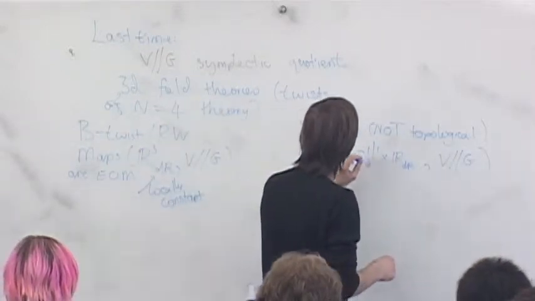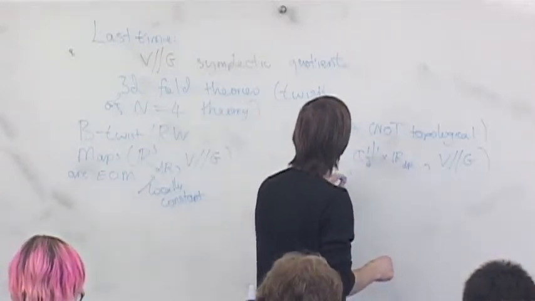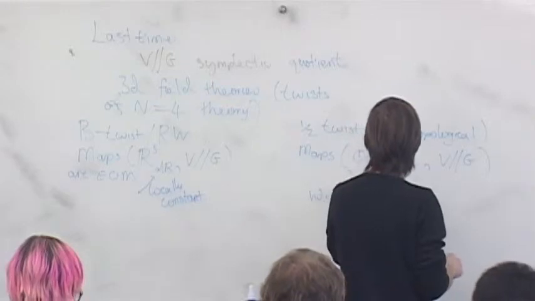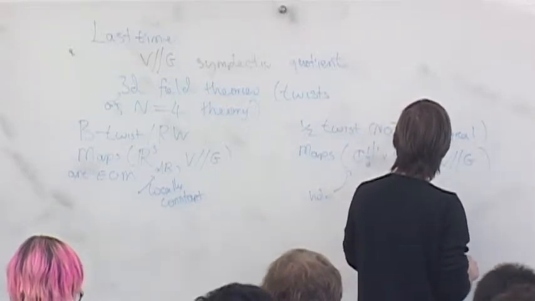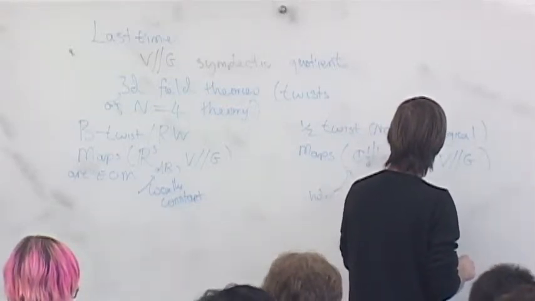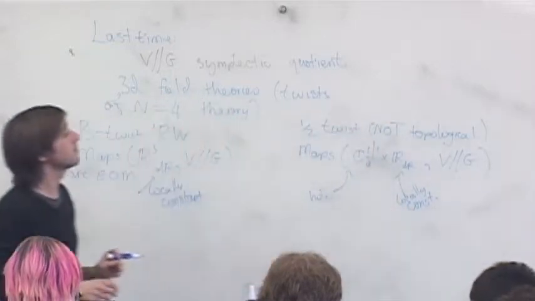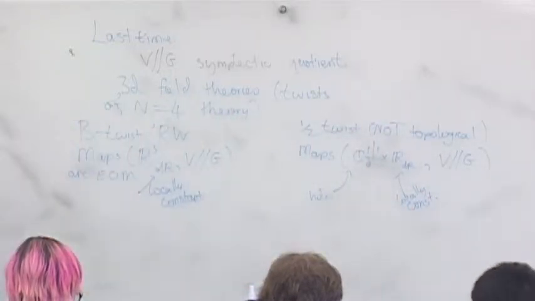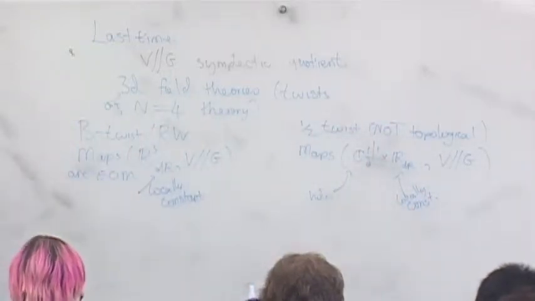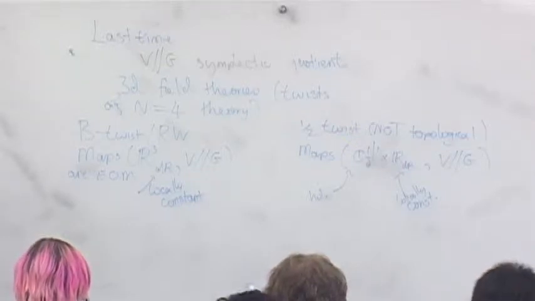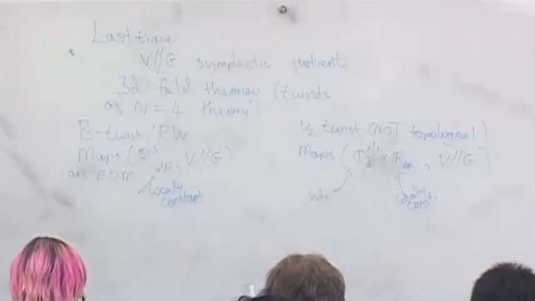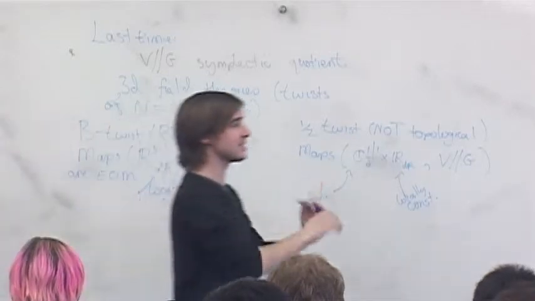And here, this means in this direction they're holomorphic, this direction they're locally constant. So people are worried about locally constant maps. You think about quantum mechanics, where in topological quantum mechanics the equations of motion are constant. Doesn't mean it's a stupid theory.